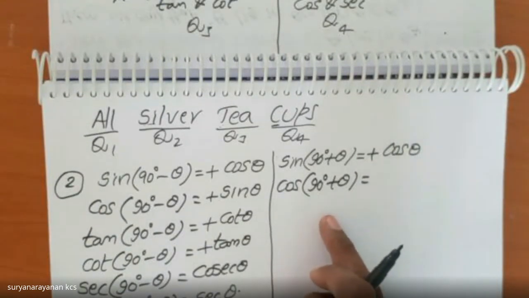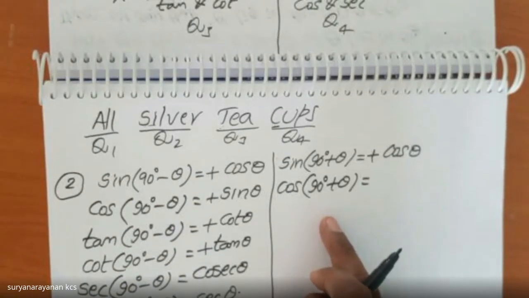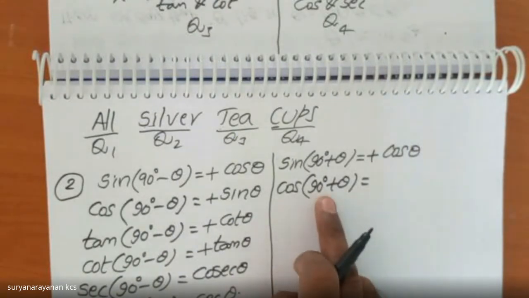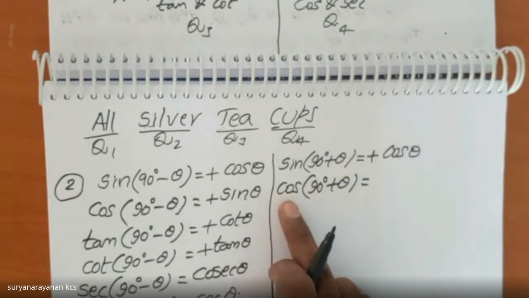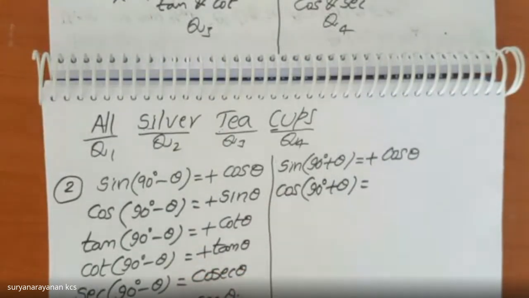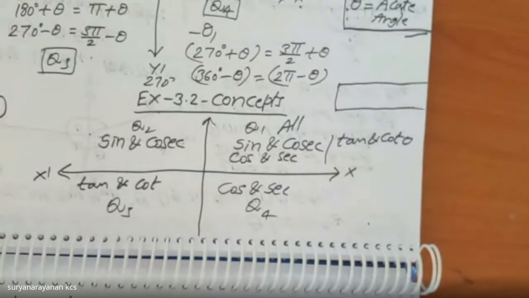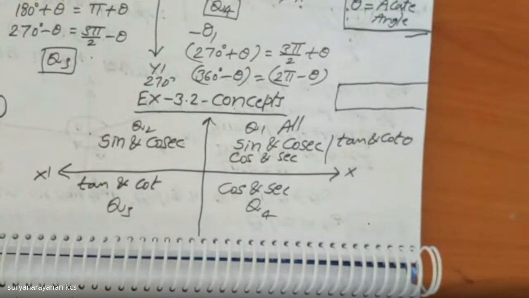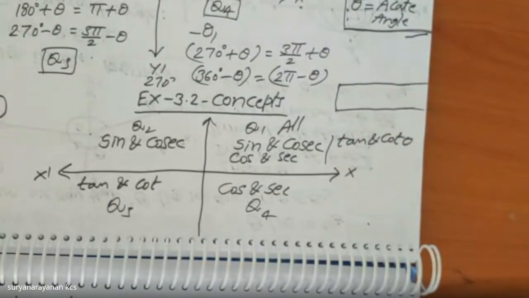Very good, Catherine, Rexilin, my dear Nikhil, my dear Samuel. So in the second quadrant, is cos positive? Cos is the given trigonometric function. See this figure. In the second quadrant, is cos positive?